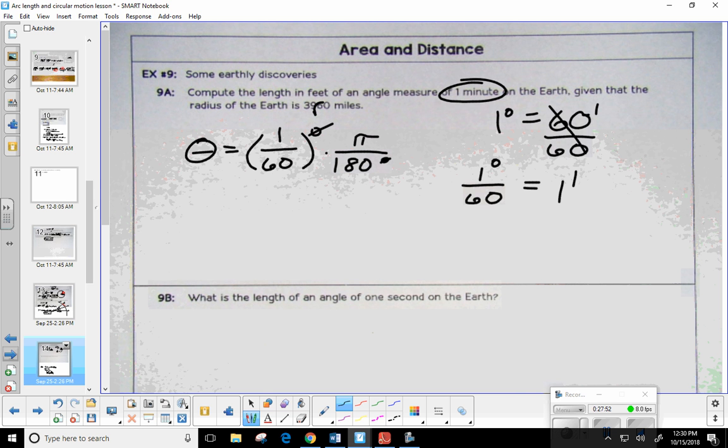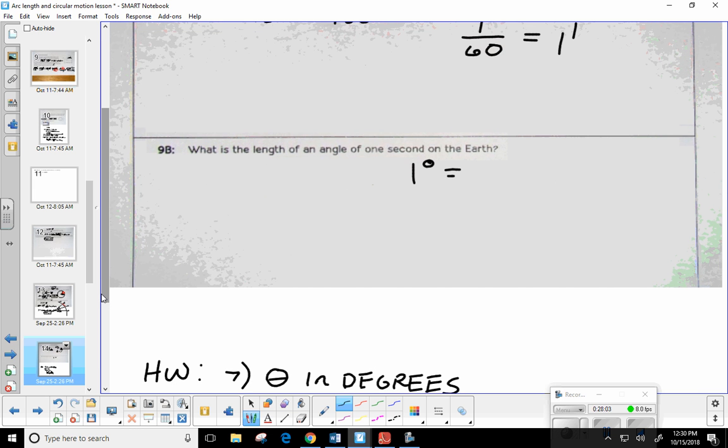Just like what we're going to do in just a second on the second problem, does anybody remember 1 degree is how many seconds? 3,600. Well, this one is talking specifically about 1 second. So what can I divide by here?